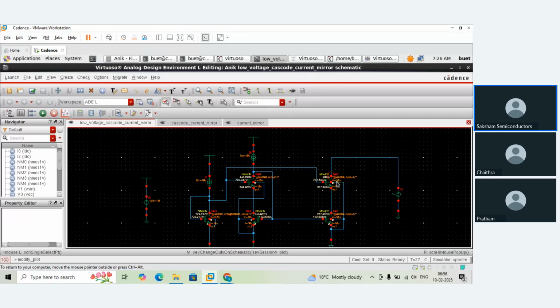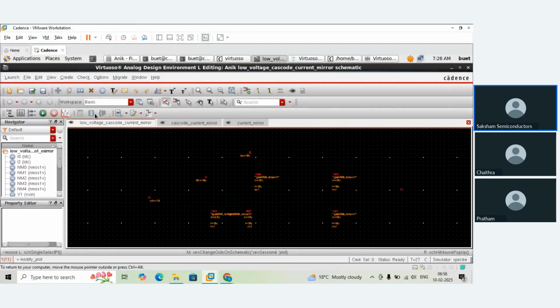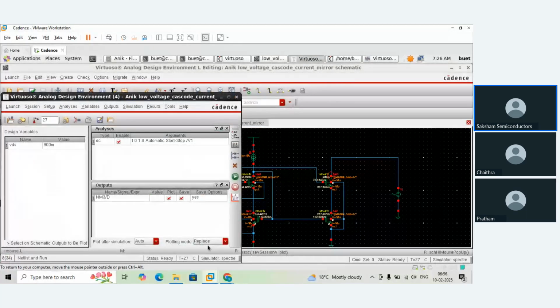Fantastic. So that means this low voltage cascode current mirror is even more rigid than the cascode current mirror itself, because in the cascode current mirror, the output current was somewhat lesser than the reference current, somewhere around 9.8, 9.9. But here, for the same value of W by L, I'm seeing the exact value of current being replicated. So that's one of the advantages.